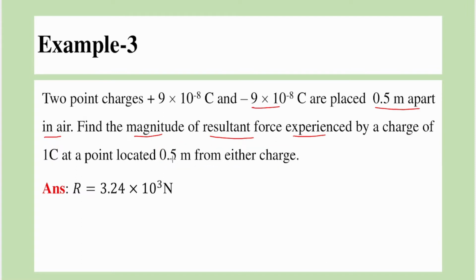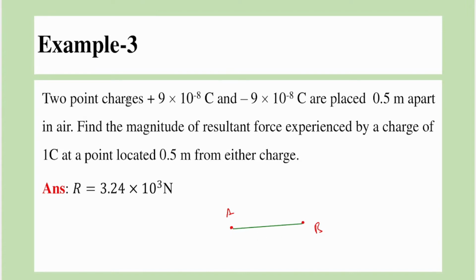So the question says there are two charges. If you draw charges here, we'll call this point A, this is point B. The charges placed here are given as 9 into 10 power minus 8 and minus 9 into 10 power minus 8. The separation is given as 0.5 meter.